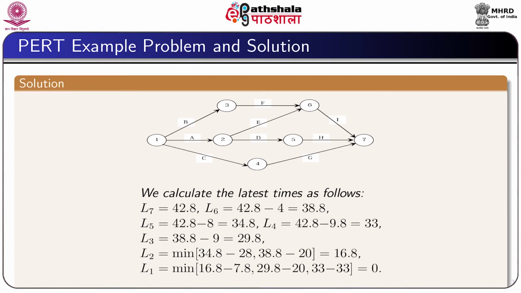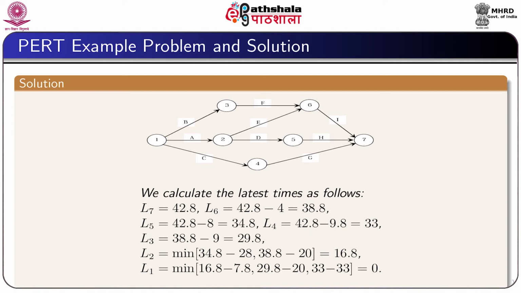Now, following backward pass computation, we calculate the latest times. Obviously, we will take L7 as 42.8 and then straightforwardly we can calculate for the events 6, 5, 4 and 3, that is we can calculate L6, L5, L4 and L3 straightforwardly.